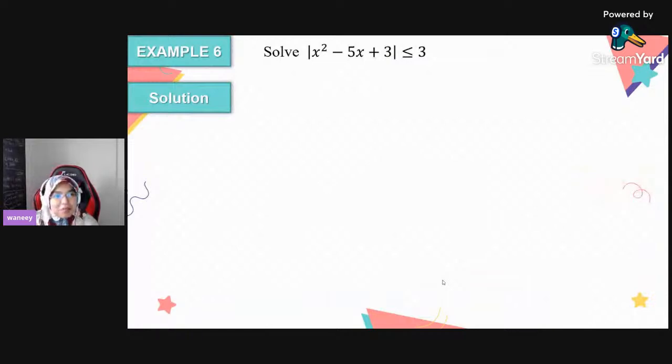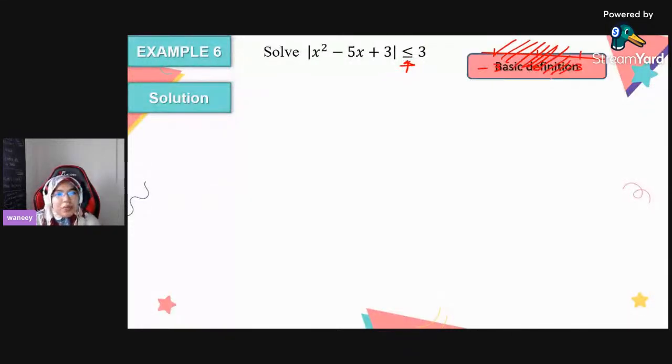Okay, the last example, solve absolute value of x squared minus 5x plus 3 less than or equal to 3. Okay, so now again, we are going to open the absolute value by using the basic definition. So 0, 3, negative 3. The distance will be less than 3, so somewhere in between then.